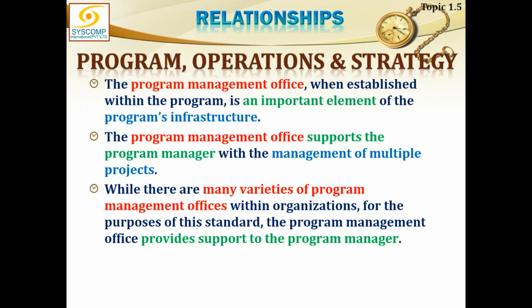You may have no central PMO and only departmental PMOs. You may have a project office within a large project, which is also a kind of PMO. You can have a program management office or a program support office within a program. So all kinds of PMOs may exist at the same time, but the decision is yours.